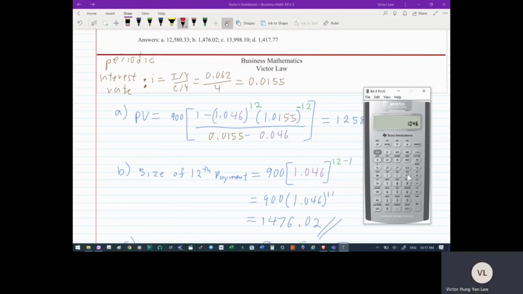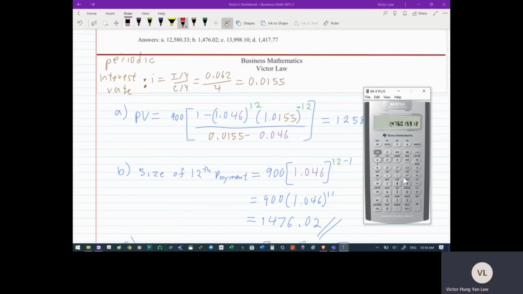So we press y to the power of x, then 11, then equal. This gives you 1.046 to the power of 11, which is 1.64. Then we multiply by 900, and that gives you the size of the last payment, which is 1476.